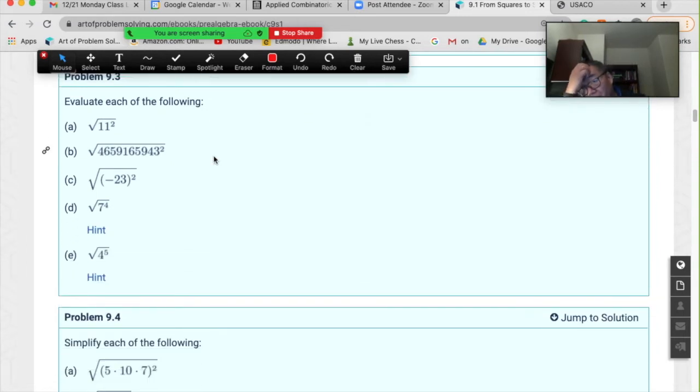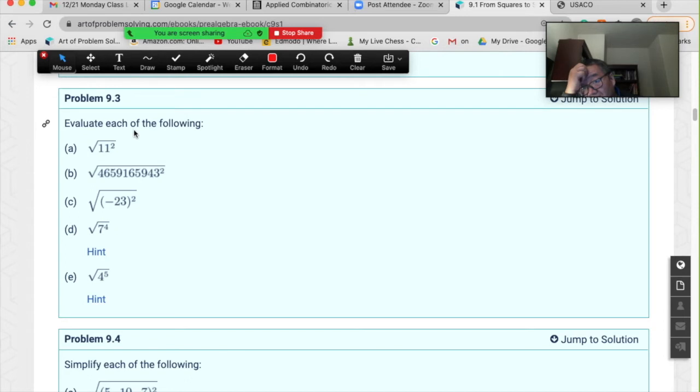9.3. Can you evaluate each of the following? Write down your answer for each one. Is this 11? Yes. So here they tell you square and square root. I already told you they're inverse operations.